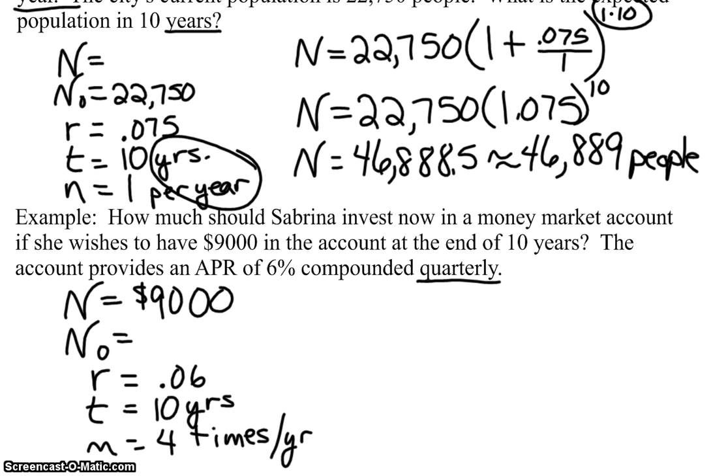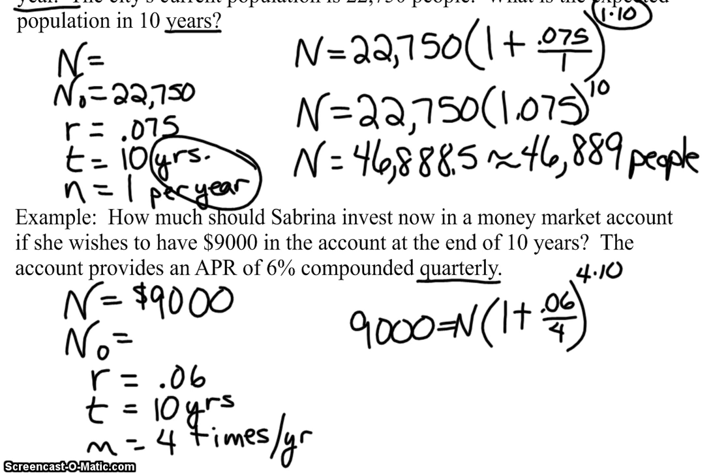Now we substitute the numbers into our formula, and we'll have 9,000 equals N times 1 plus 0.06 over 4 raised to the 4 times 10, or 9,000 equals N times 1 plus 0.06 over 4 raised to the 40th.